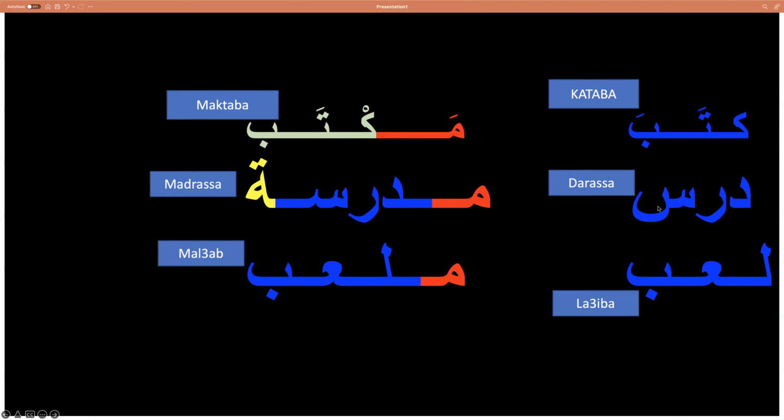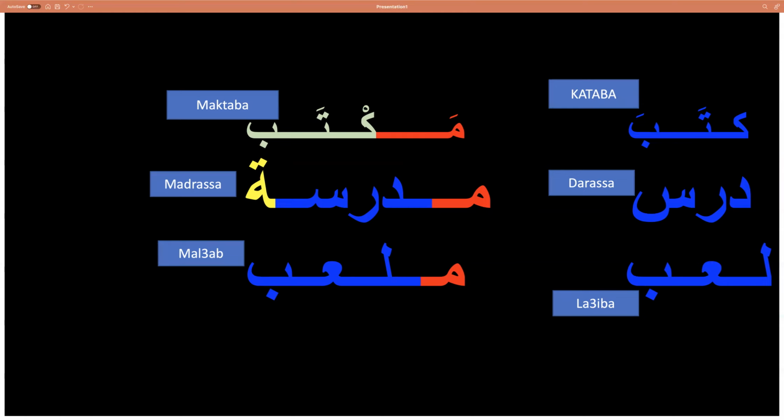Darasa, another verb, darasa, which means to study. Darasa, it consists of 3 consonants, 3 root letters, dal, ra, and sin. Now, to derive a new word, we need to add something to these root letters. Like in here, madrasa, we just mentioned that this mim stands for the place where something happens.